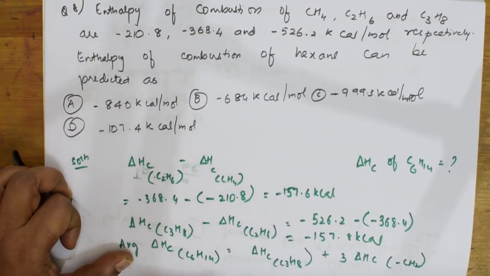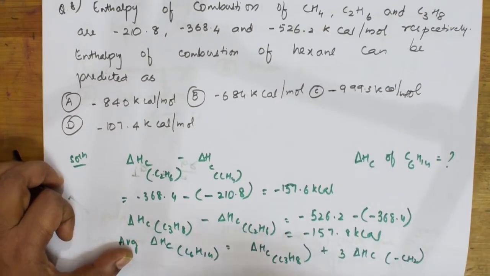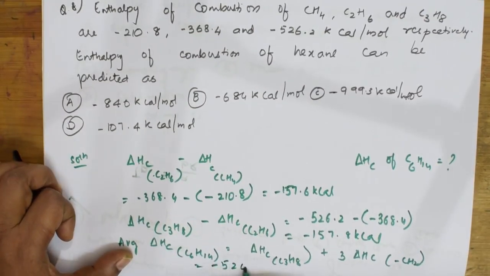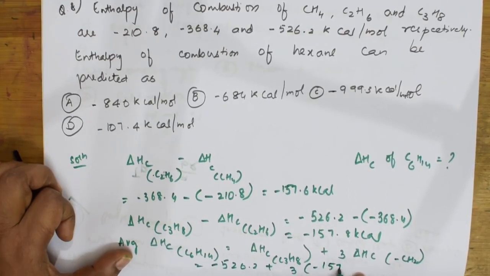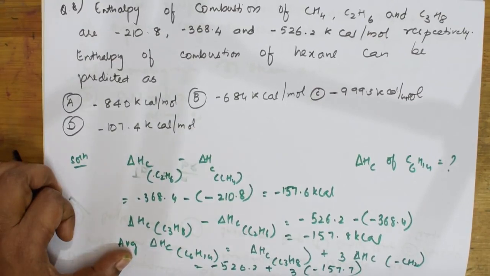Because I need the value of this. Because I need this value, so I have taken this out. So when I solve this, how much do I get? I get minus 526.2 plus 3 into minus 157.7. So when I do this, multiply, add and everything, right? So I get an answer.